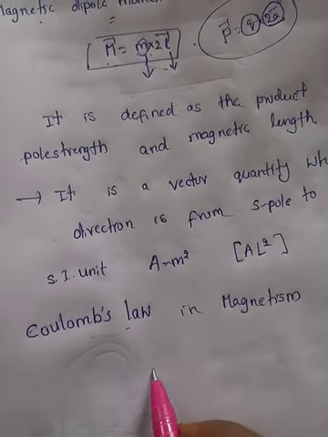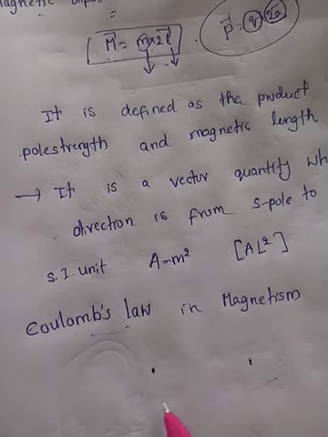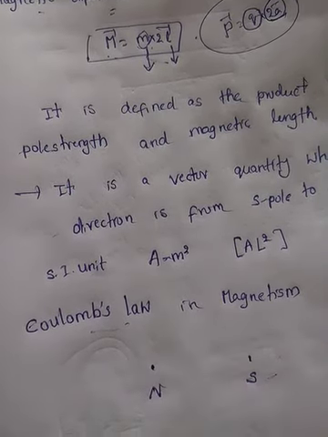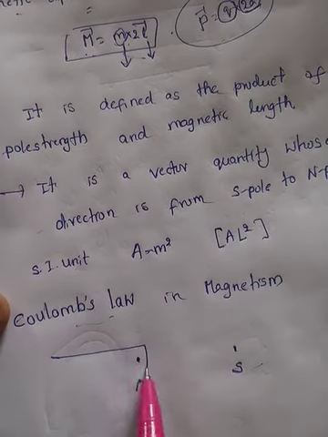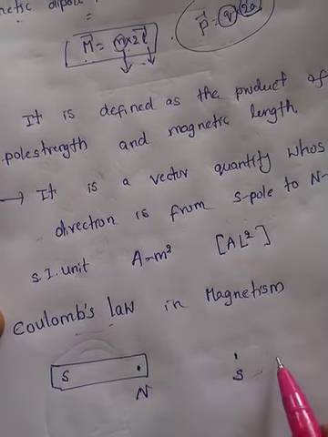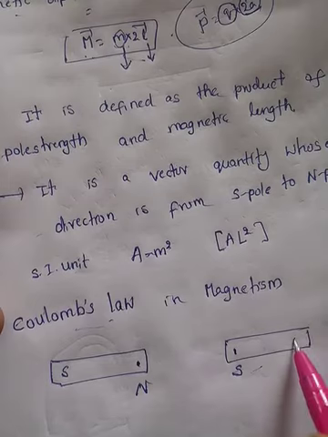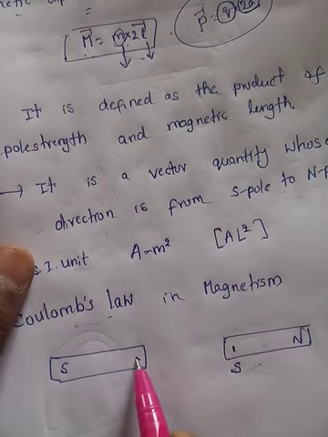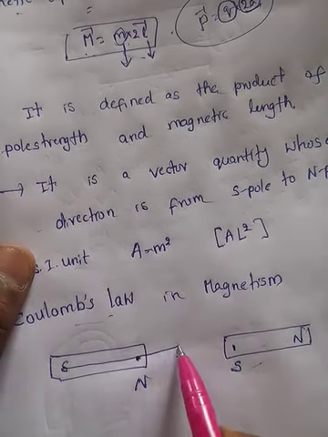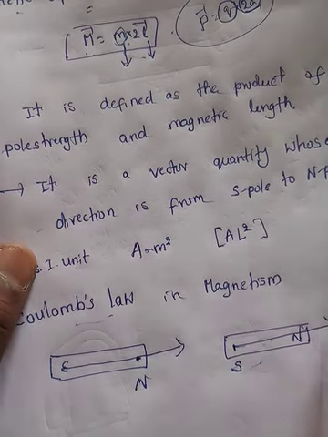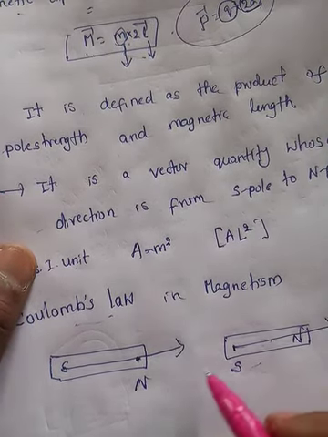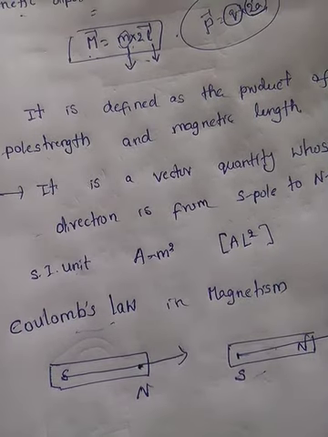Let us take two poles, North Pole and South Pole, or North Pole and North Pole, anything. If you take north to south, and this is south to north, this direction is this one and this is moving away, right? So both being opposite poles, they will attract each other, right?